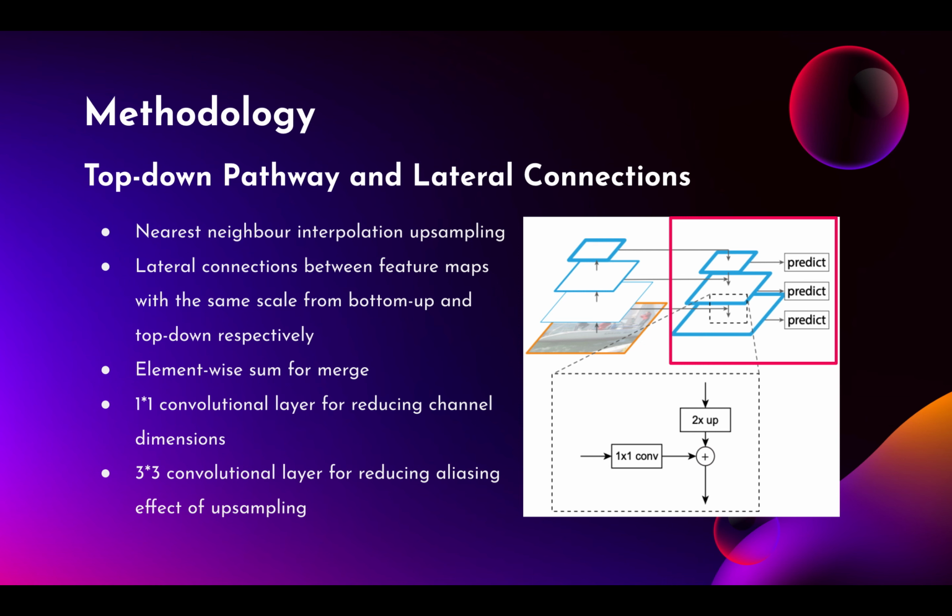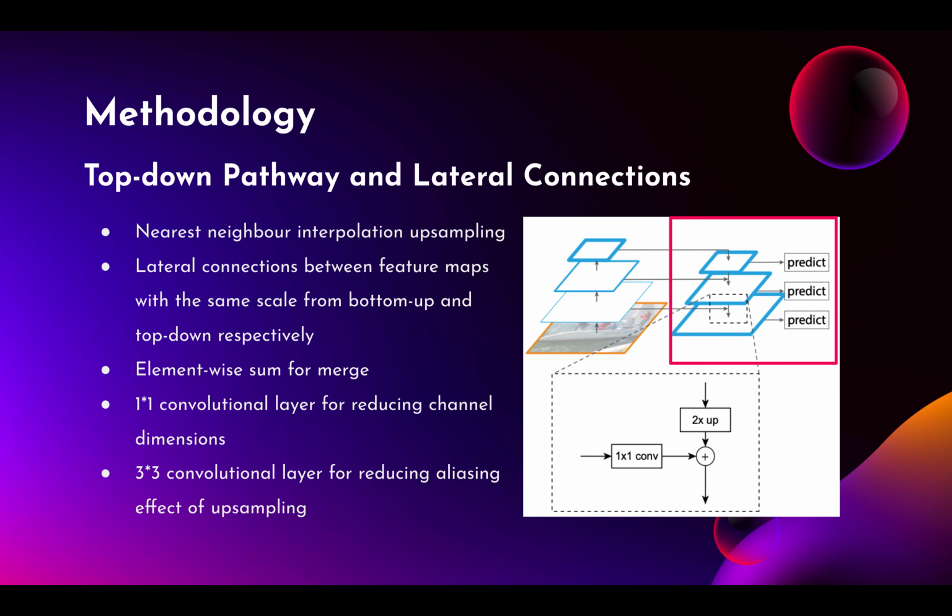Then, the top-down pathway hallucinates higher resolution features by upsampling the semantically stronger feature maps from higher pyramid levels. For upsampling, the nearest neighbor interpolation method is used. These features are then boosted with features from the bottom-up pathway through the lateral connections.